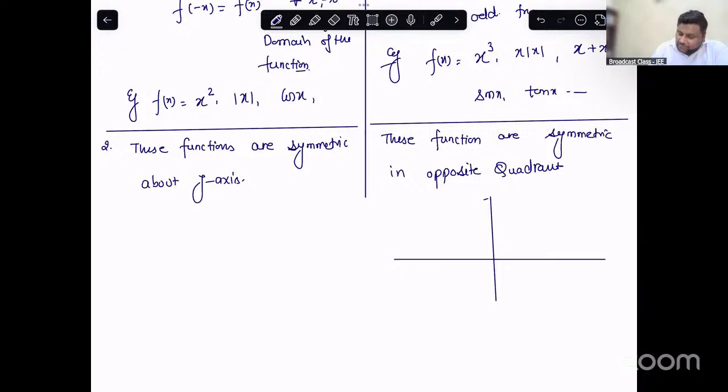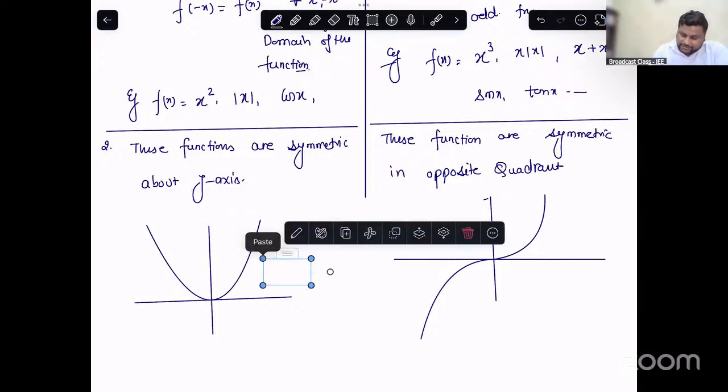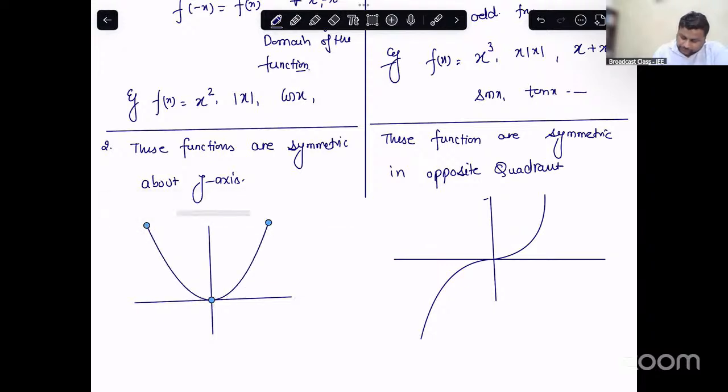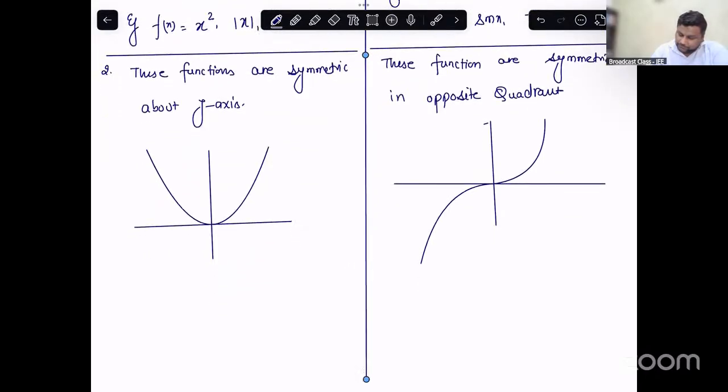Like if I see the graph of x cube, it will be something like this. Don't you realize it is symmetric in opposite quadrant? Here, if I see the graph of y equal to x square, the graph is like this. So definitely it looks symmetric about the y-axis. Yes or no? Am I clear? Yes, sir.